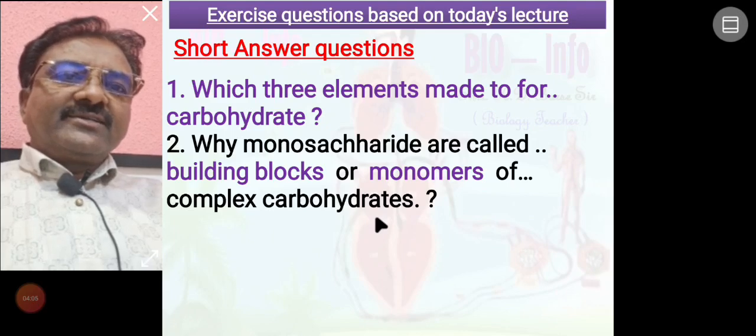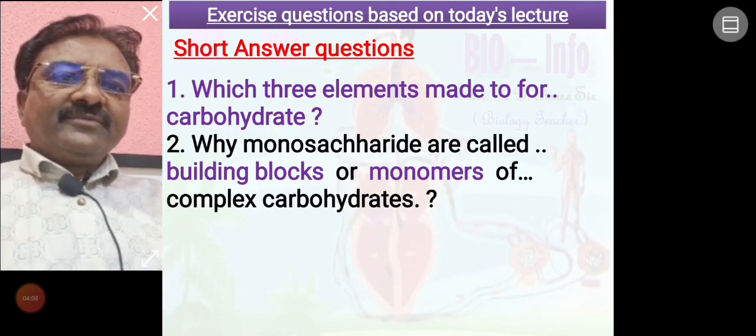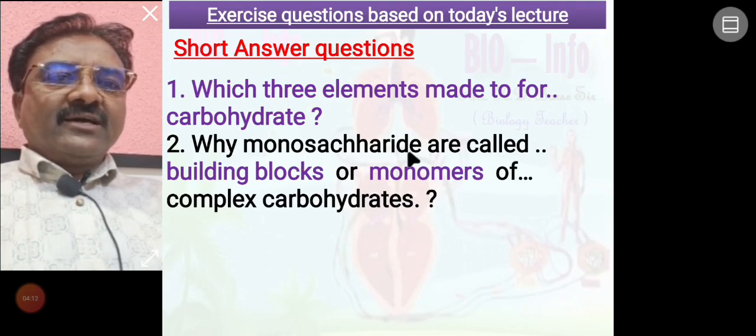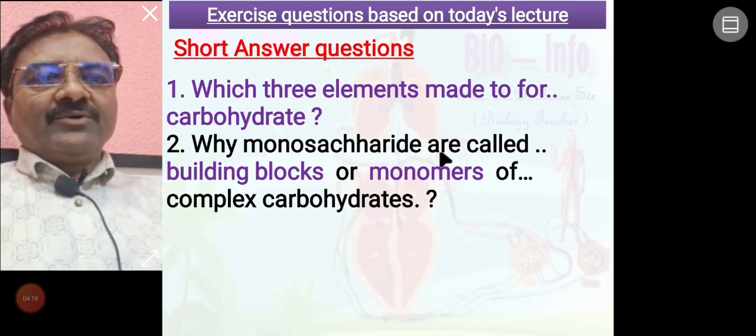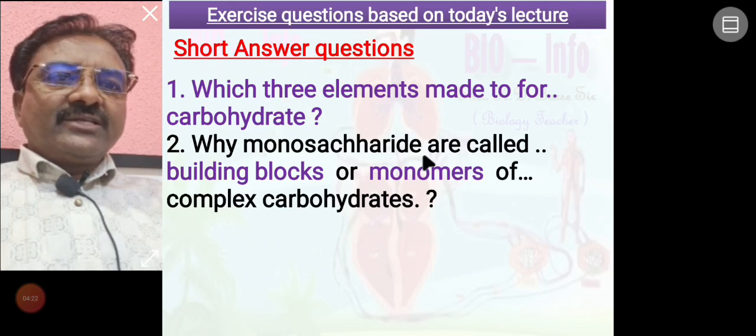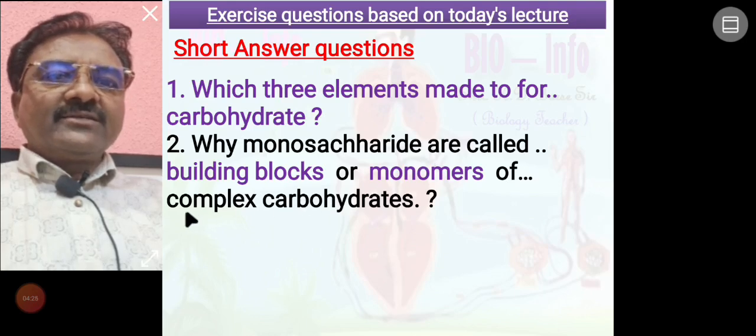Yes, the correct answer is that a number of monosaccharides are condensed together to form a large molecule of polysaccharide compound, and such a large polysaccharide compound is known as a complex carbohydrate.